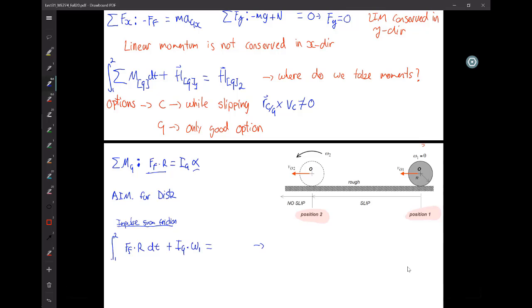Now, we go back to our paradoxical situation in which initially we have no angular velocity, and then in the end we have some angular velocity, right? I should say that it is over this very small period of time that we have this impulsive moment from friction, and that is the one that gives us the rotation when we change.